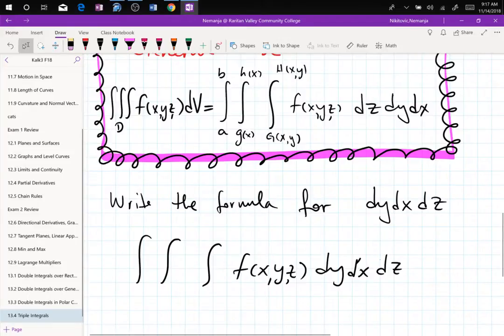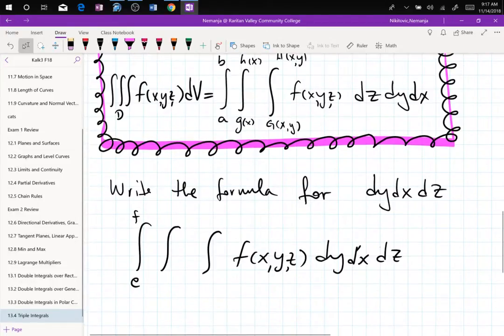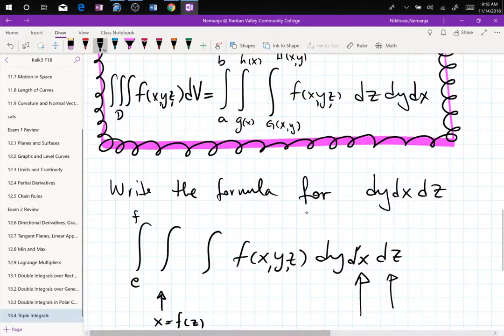All right, well, that will be enough time. Outer is z. If outer is z, then I have my E, F limits, right? Because A, B, C, D, E, F. E, F is for z. So E, F goes on the outside. The inner integrals are x as a function of z, because the middle integral belongs to x as a variable, and the last one that is to be integrated is z, so we have to have this.